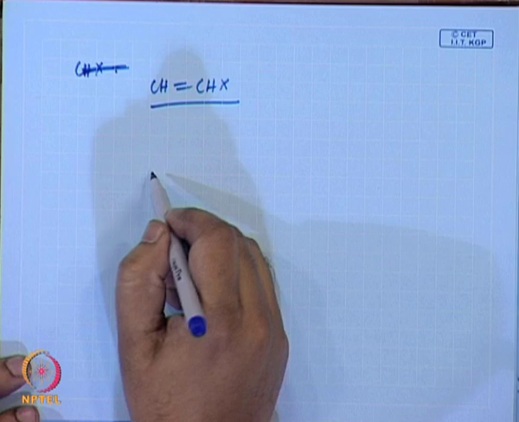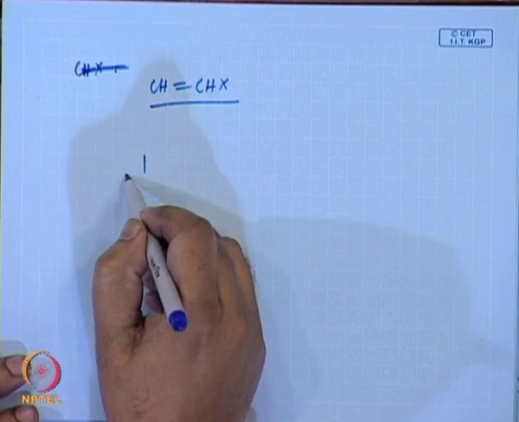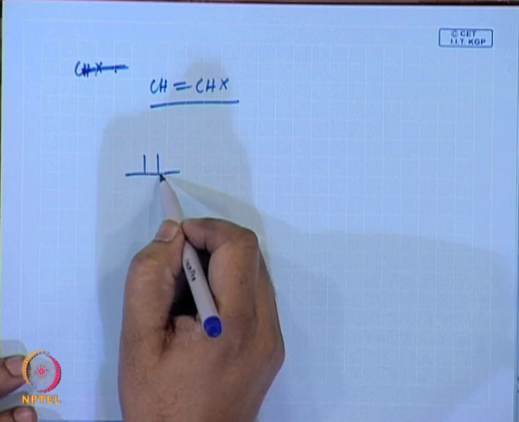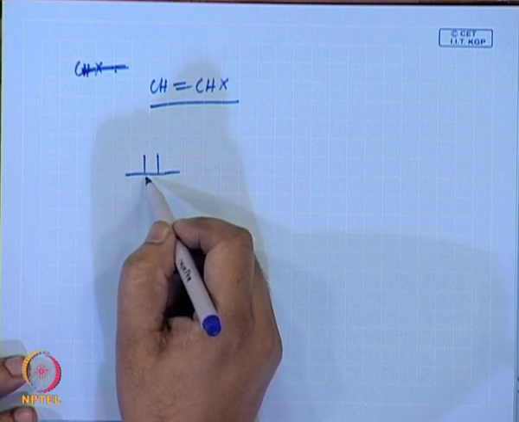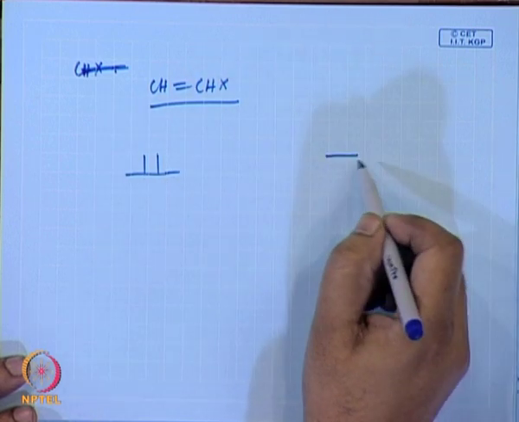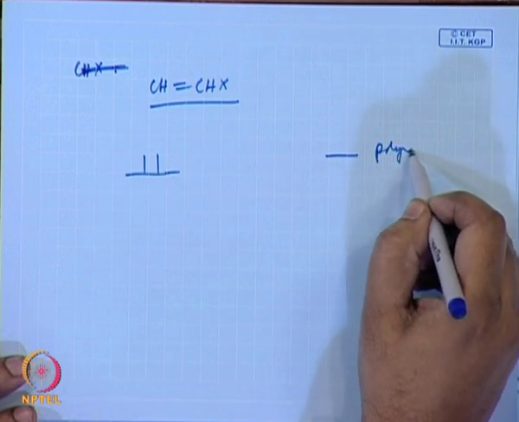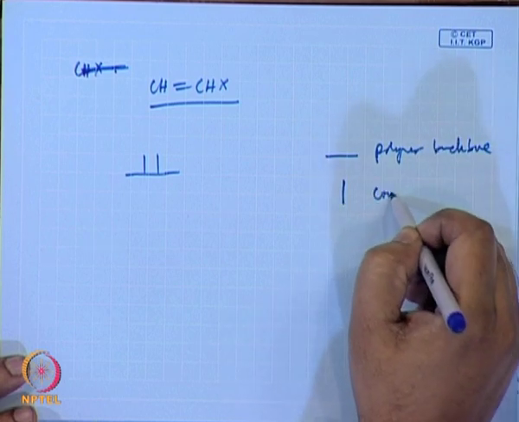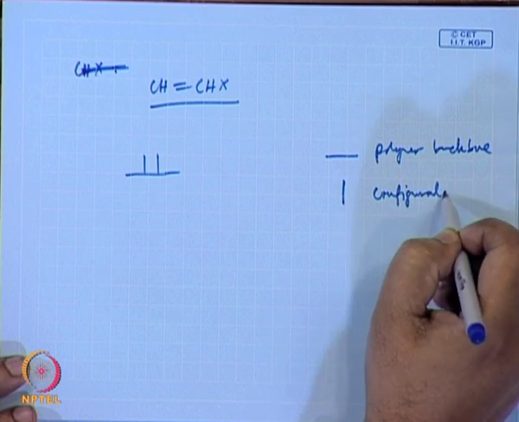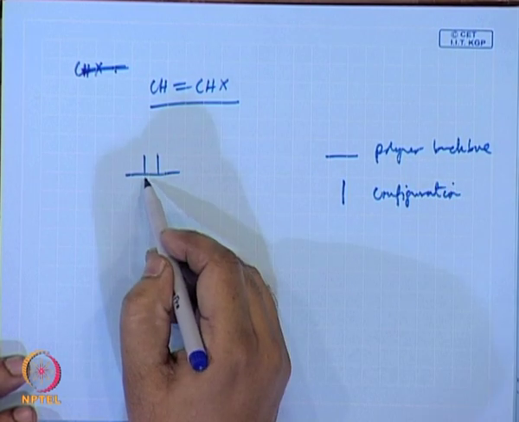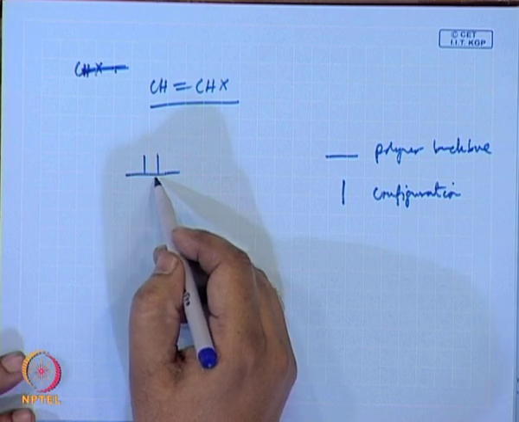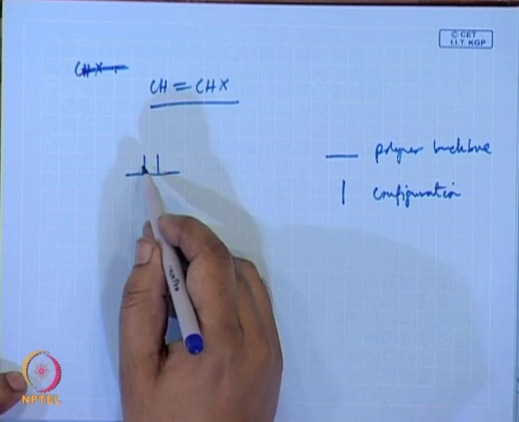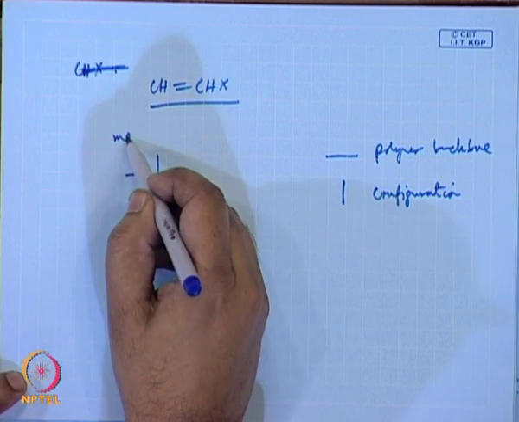Now, if we write two asymmetric carbon atoms, the horizontal line is your polymer backbone, and these lines give you the configuration of the carbon atoms. In this case both asymmetric carbon atoms have the same configuration. So, we call this a meso dyad.